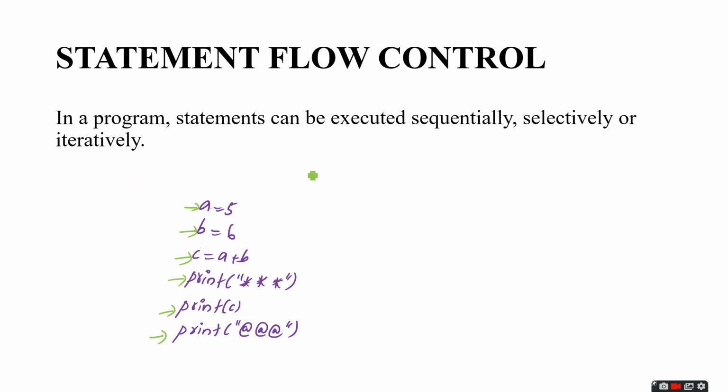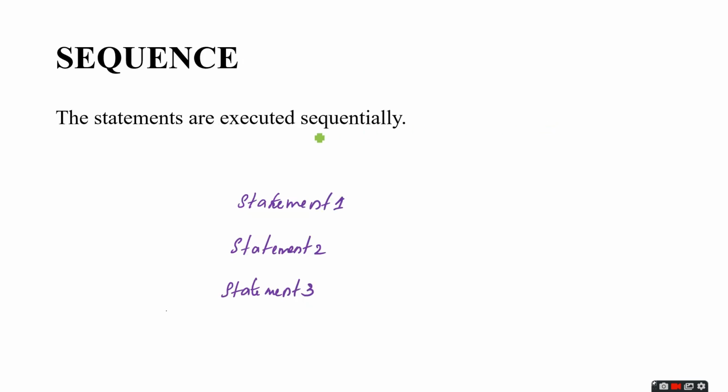In a Python program, statements can be executed sequentially, selectively, or iteratively. Now we can learn how the program codes are executed sequentially. See this example. There are a lot of statements. I have written only 3 statements here, but just assume n number of statements are there. If we are executing the statements sequentially, the first statement will be executed.